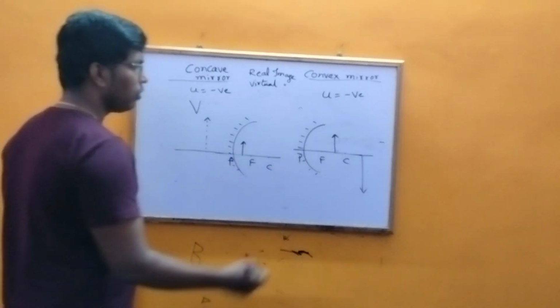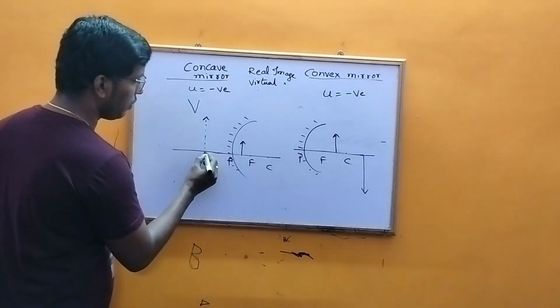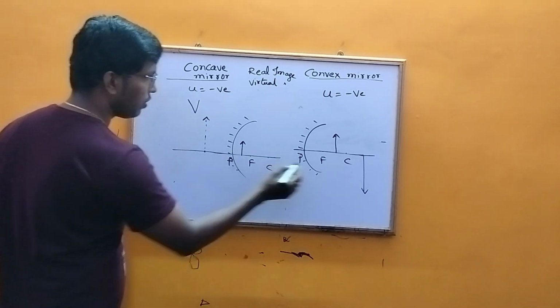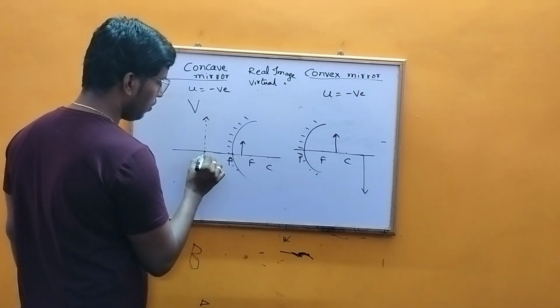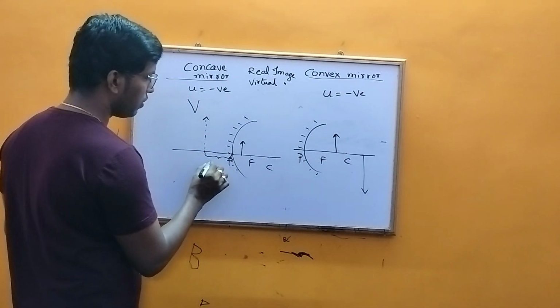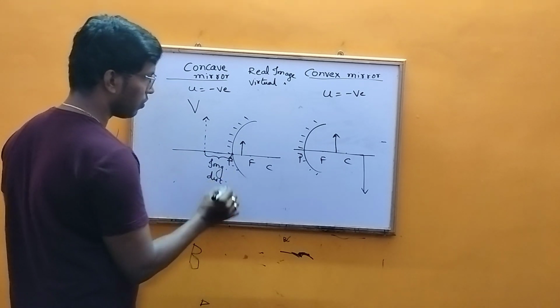In this case, this is known as the image, and this is the object. From here to here is known as the image distance.